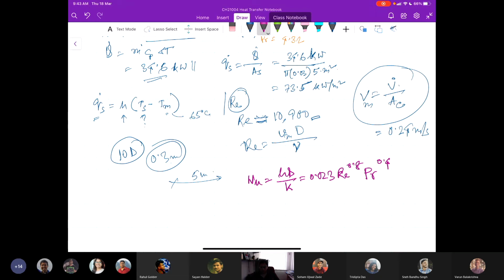Now here the fluid is being heated. So the index here would be 0.4. The coefficient and Reynolds number exponent would remain the same. This part actually leads to the mark difference whenever you use it. If you use it casually, that would lead to error. And then you argue that I have used the Dittus-Boelter equation, but still my mark is deducted.